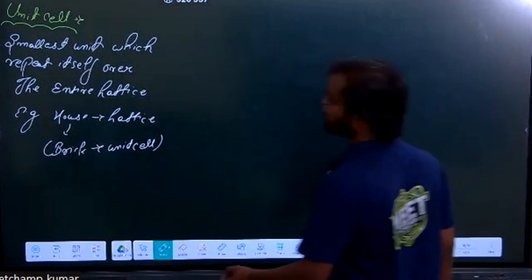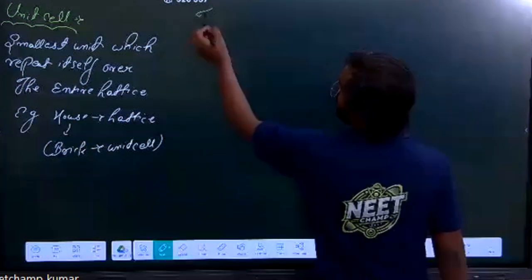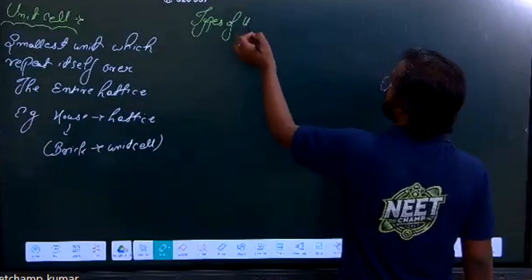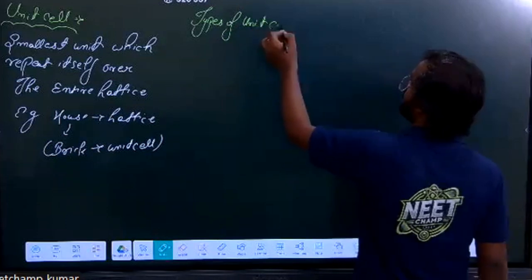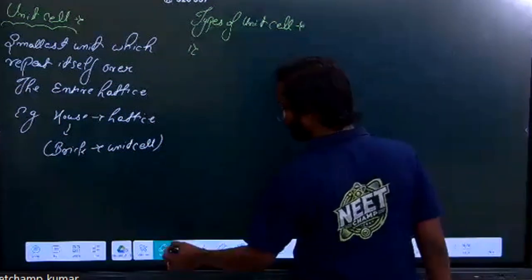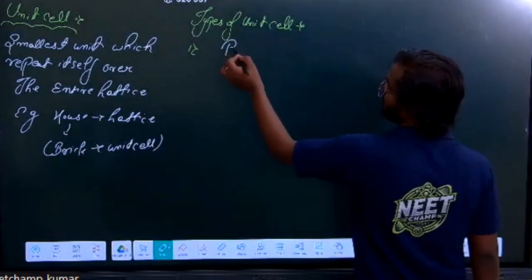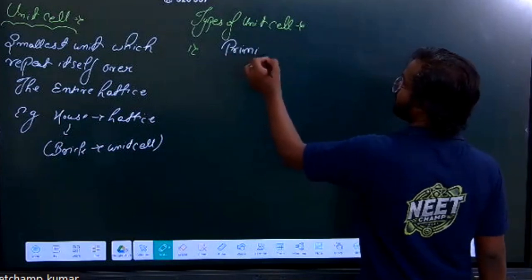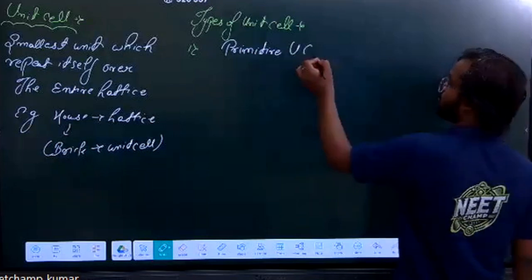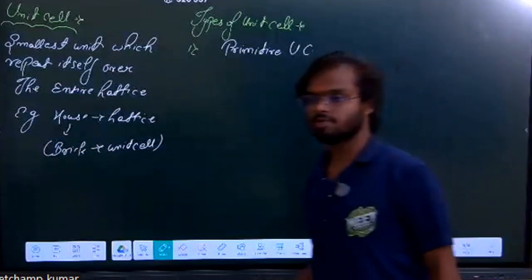What are the different types of unit cells we have? Types of unit cell. Our first type of unit cell is the primitive unit cell. Primitive means the cell which is conventional, very old.